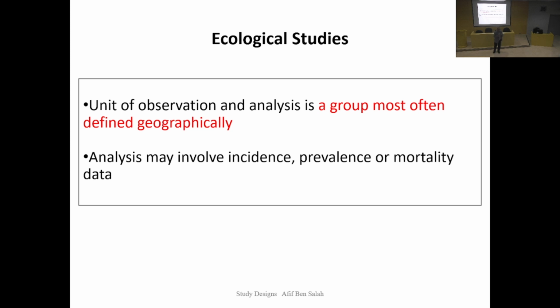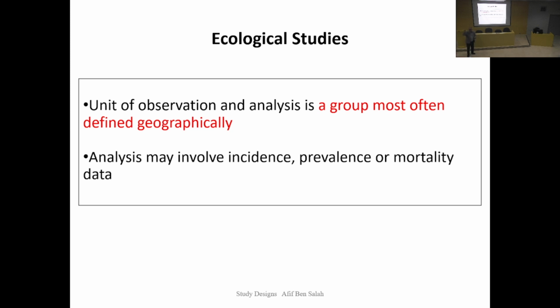Now, in some studies, we measure outcomes or we measure diseases in a group of population, and we try to relate it to some factors. We'll see examples. These are ecological studies. So the unit of analysis is rather a group, mostly defined geographically in countries.